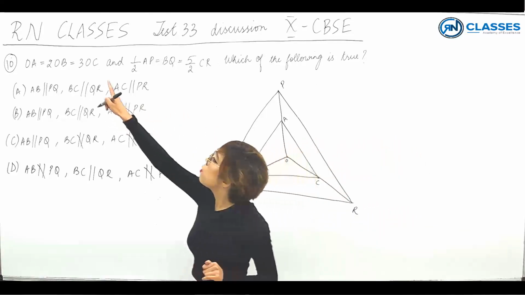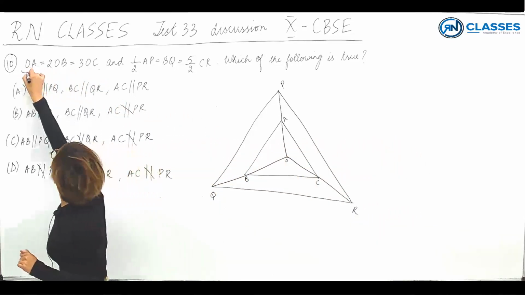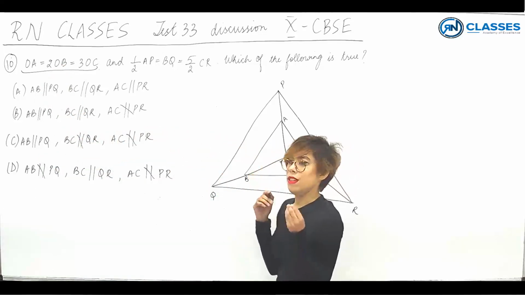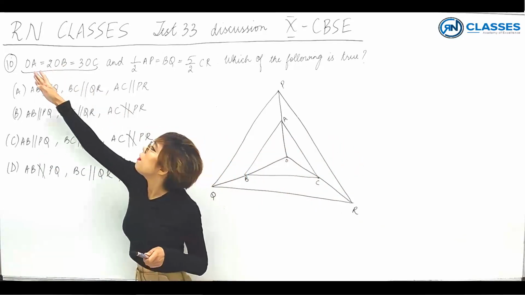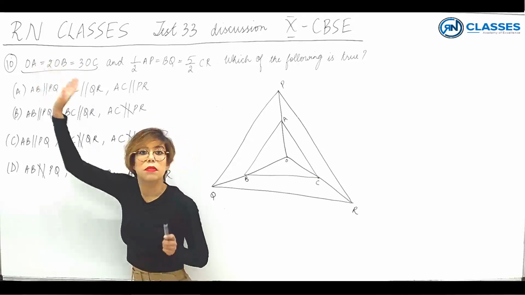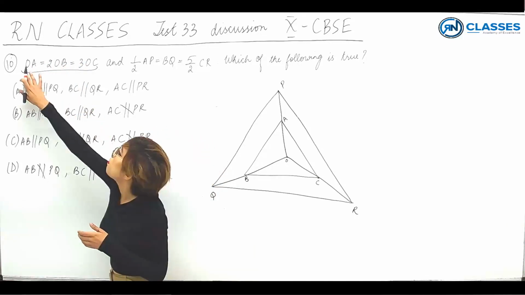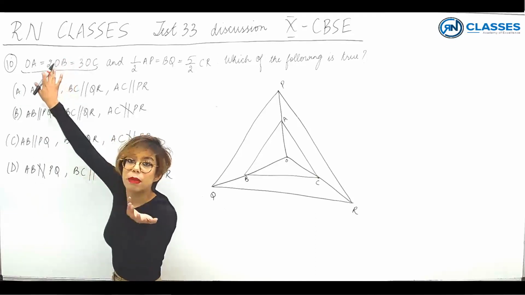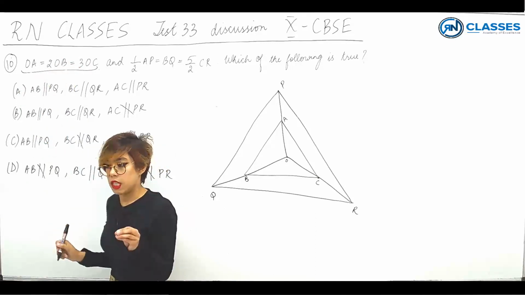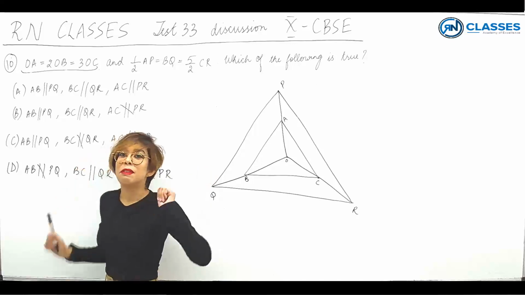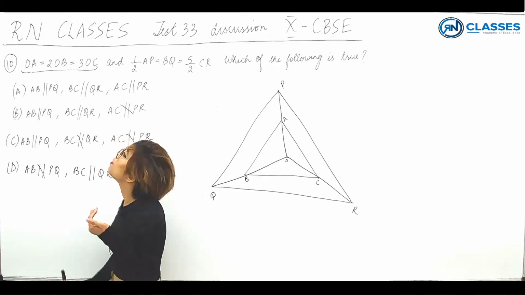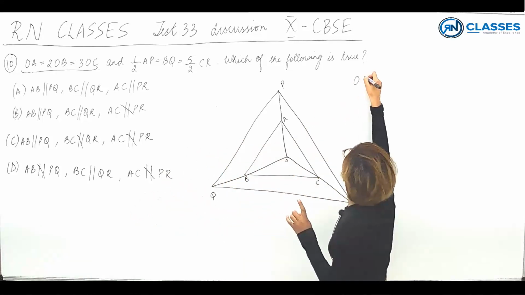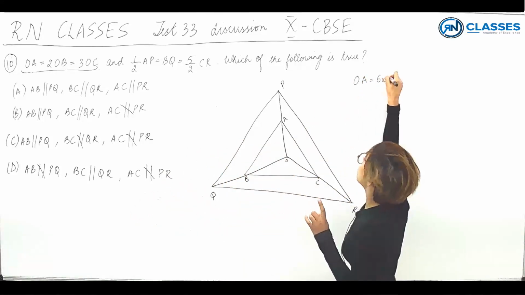Now, OA is equal to 2OB is equal to 3OC. I need to utilize this relation. So, obviously, let me convert everything into single variables. You will say, ma'am, take OA as x and write OB also in terms of x, OC also in terms of x. Absolutely right. But since I am doing the question, it will be my choice. What I'll do is I will consider OA to be 6x because, as you know, I'm not a big fan of fractions.